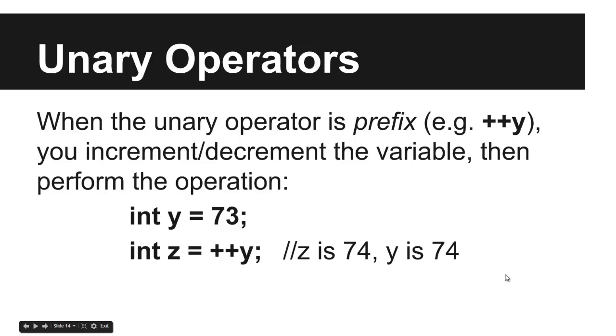So both y and z are 74. And it's important to note with the prefix and the postfix, with these unary operators, that you can only attach them to variables. You can't attach them to numbers. You couldn't do something like 73 plus plus, as we can't increase the value of 73. We can only increase the value that's stored inside a variable.